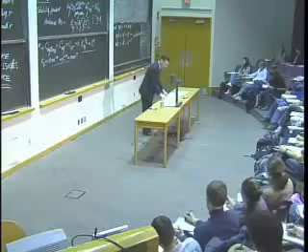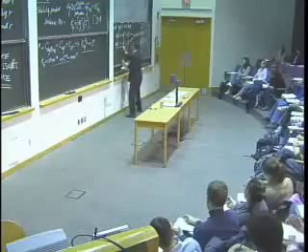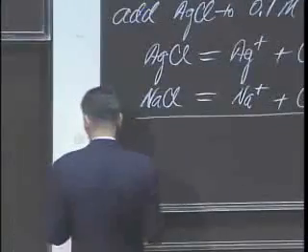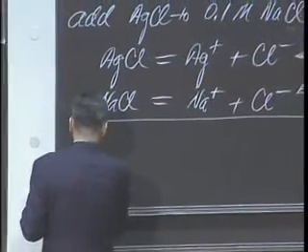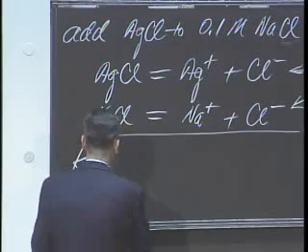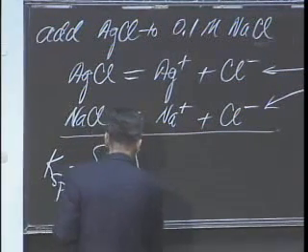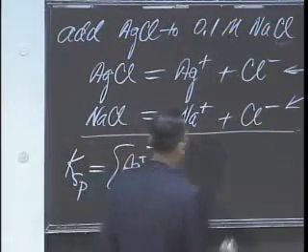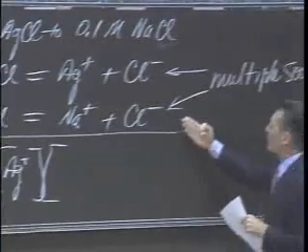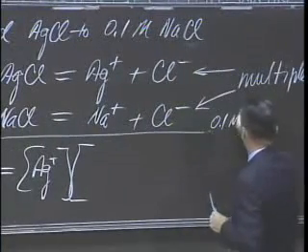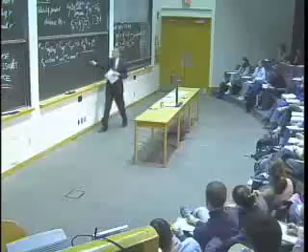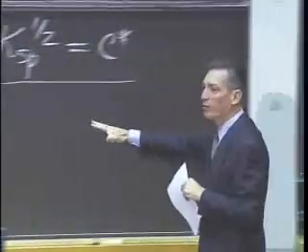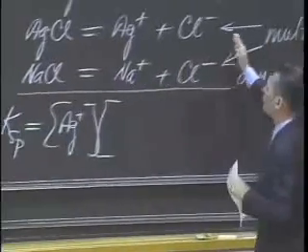So what to do? I'm going to try to find the saturation solubility of silver chloride under these new circumstances. So I'm going to go back to my solubility product, KSP. KSP is going to equal the product of the silver ion concentration times the concentration of the chloride ion, and I can take a stab at what this is. I'm told that this is on the order of 0.1 molar, and we saw that in the case of pure silver chloride, it's 10 to the minus 5 molar. 10 to the minus 5 is about 4 orders of magnitude lower, even when we have full dissociation here.